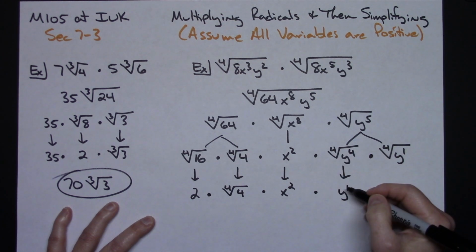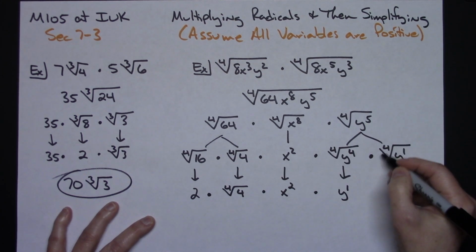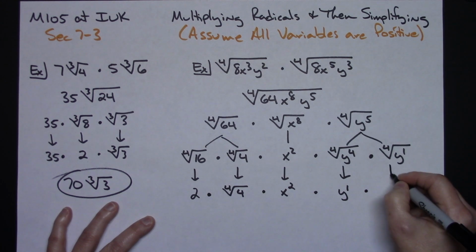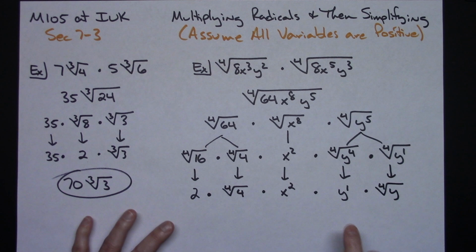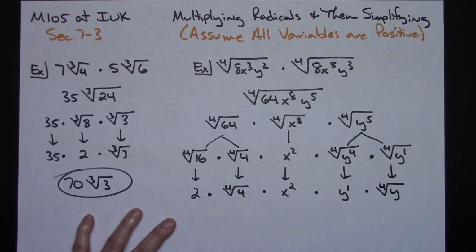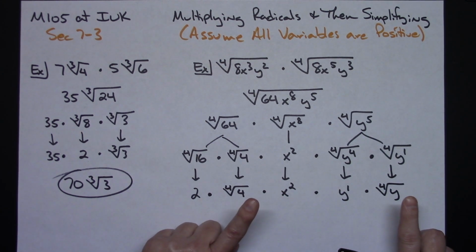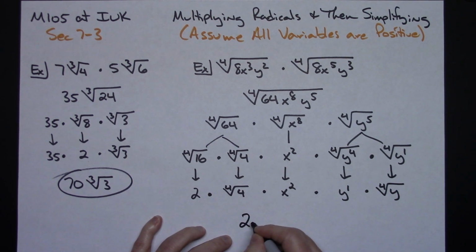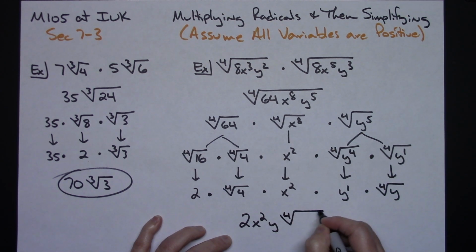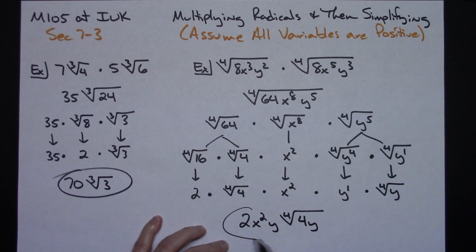And then I cannot do anything with this, so I'll just leave that as the fourth root of y. At this point, anything that is outside of the radical is going to be multiplied together, and anything underneath the radicals will be multiplied together. So the final answer is going to look like 2x squared y times the fourth root of 4y.